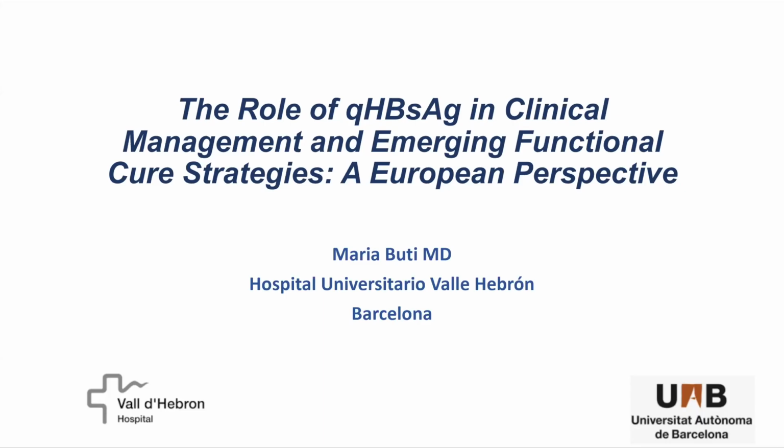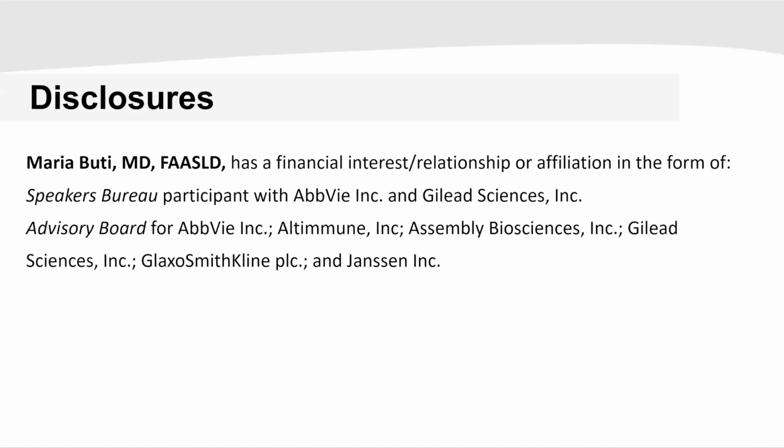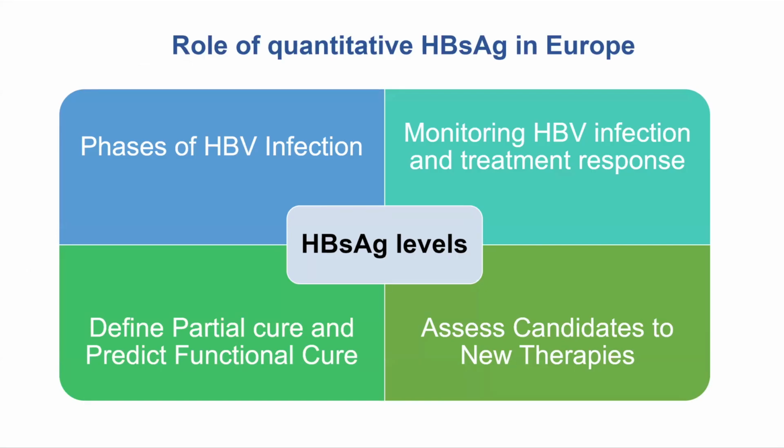Thank you, John. Thank you for the invitation. It's really a pleasure to be here today. Good afternoon, good morning, and good evening. My task today is to discuss the role of HBs antigen in Europe, and I can tell you that in the majority of academic centers across the European Union have available HBs antigen quantitative in their labs.